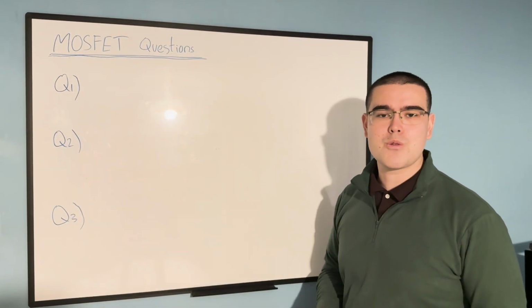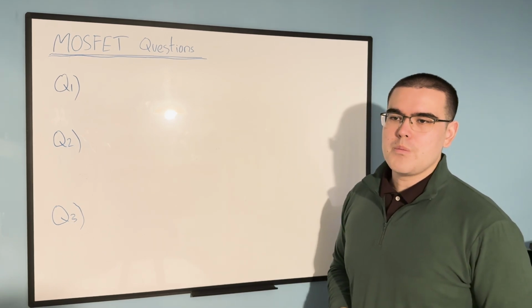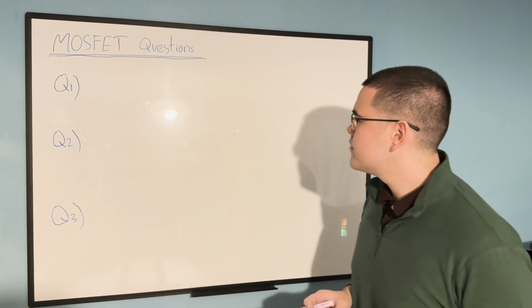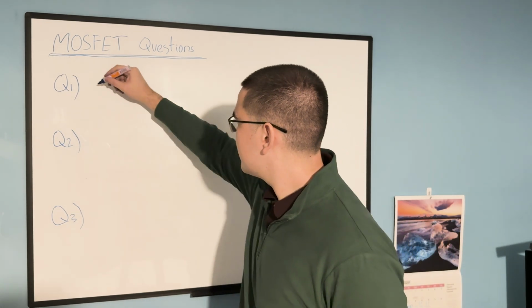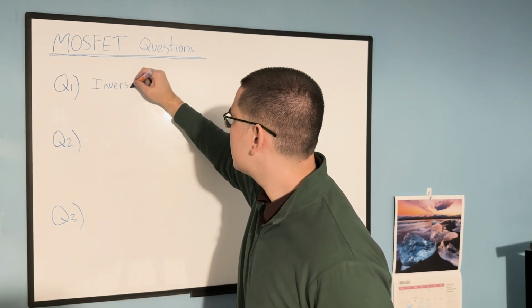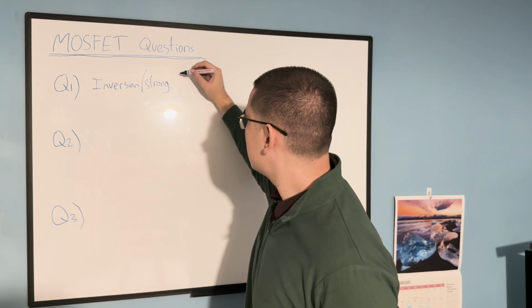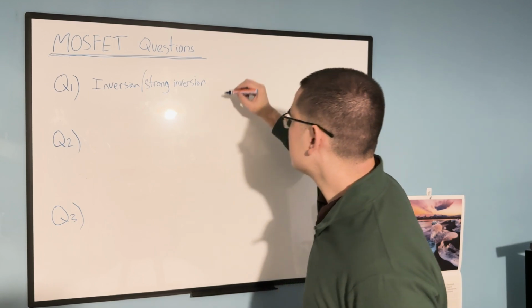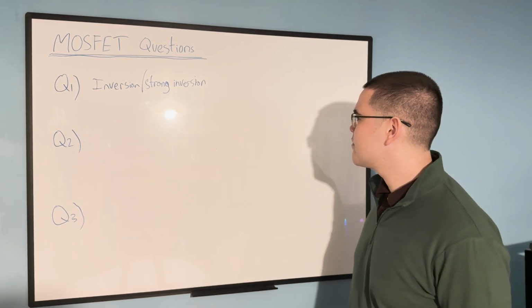Okay, so now I'll go through the answers with you. Question 1, what surface condition would we choose to form the p-channel? Inversion or strong inversion would be the right answer. So that's correct. But why? Why do we need this?